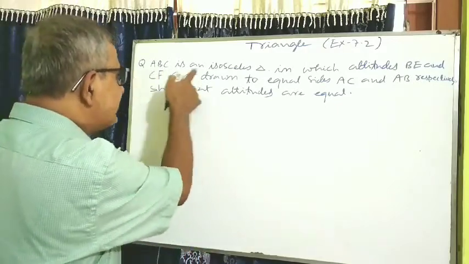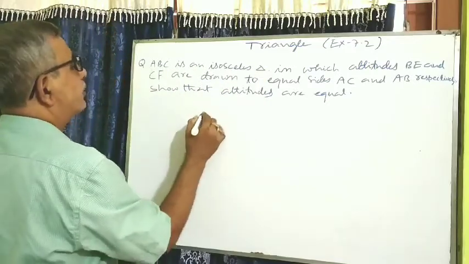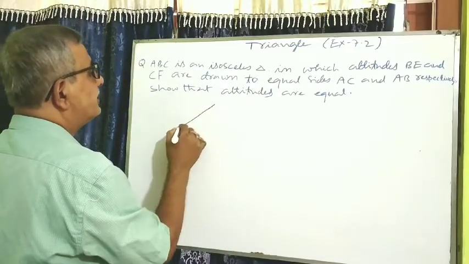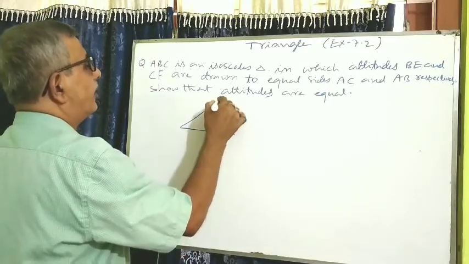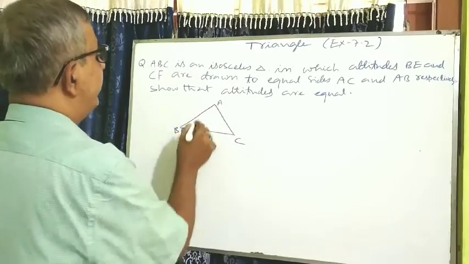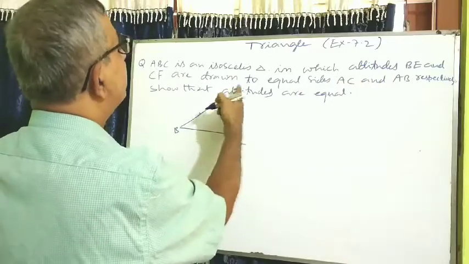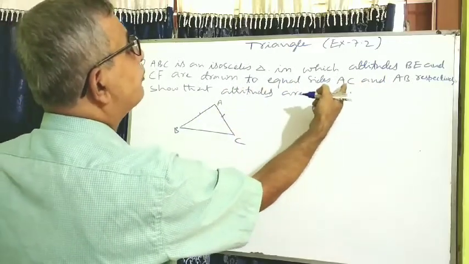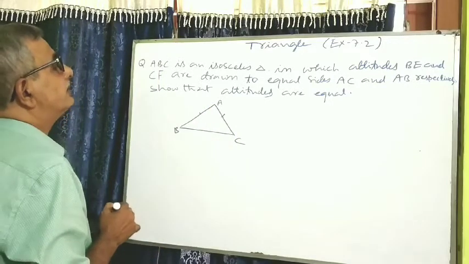ABC is an isosceles triangle. I am drawing here the isosceles triangle ABC. AB is equal to AC. What are the things given? Equal sides. What are the equal sides? AC and AB.